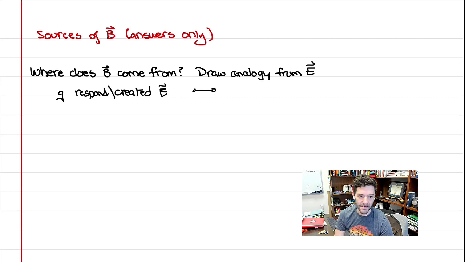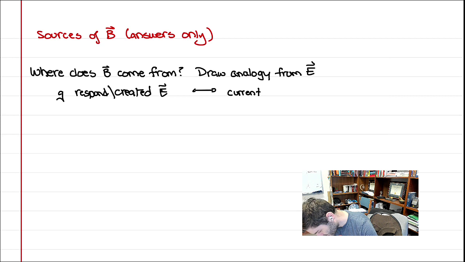We've seen that magnetic fields exert forces on moving charges or currents. So by analogy, we find that currents or moving charges respond to and create magnetic fields.